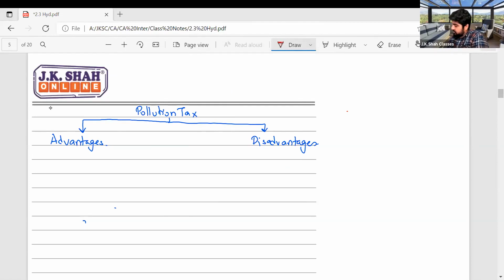In advantages, you are saying there will be less pollution. What else? Will demote the usage of inefficient machines and vehicles.